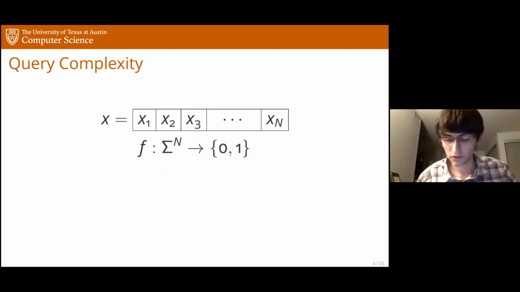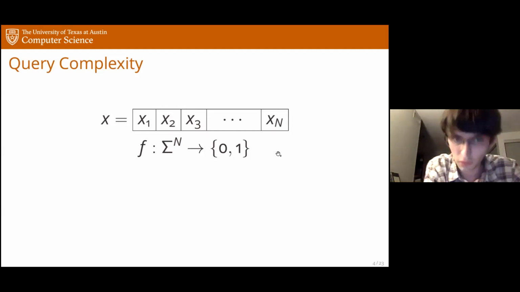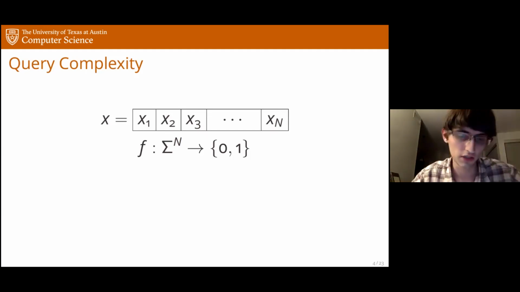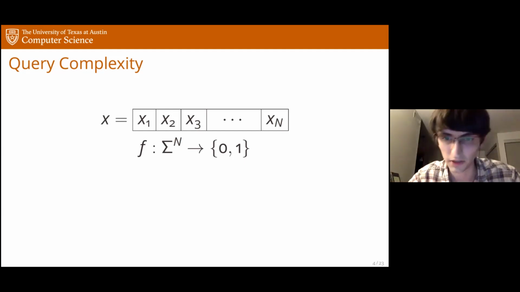The way you access x is that you have access to a black box, which on input i just returns the ith bit of x. Your goal is to evaluate f on x using as few queries to this black box as possible. Otherwise, all of the computation is free.